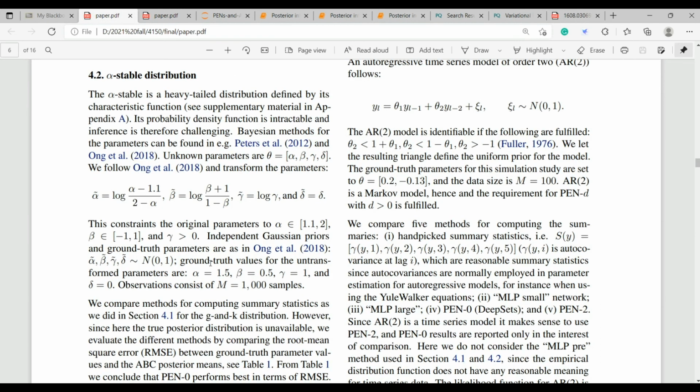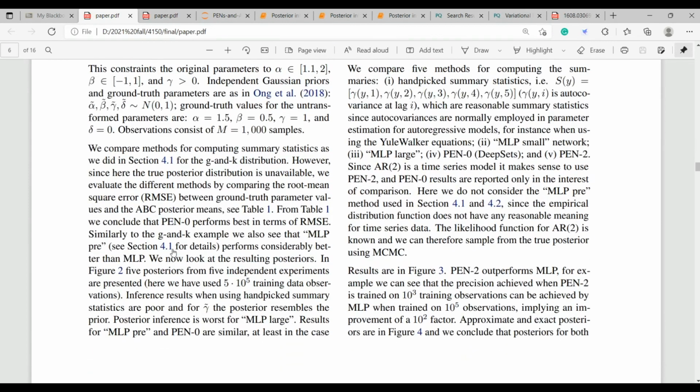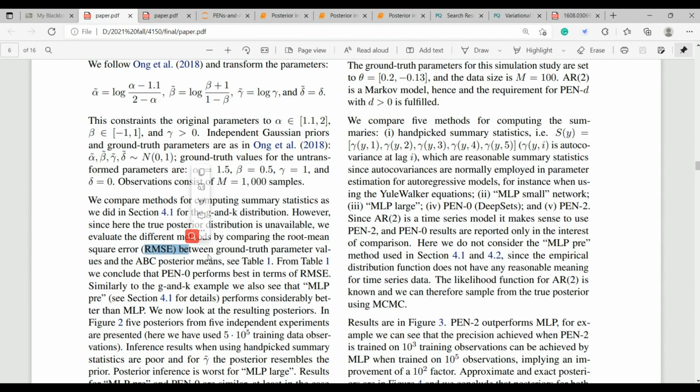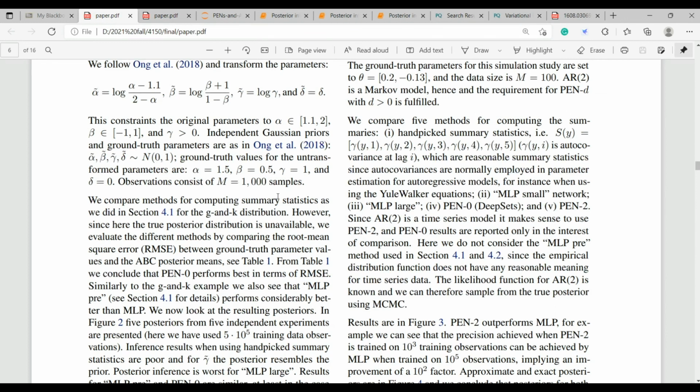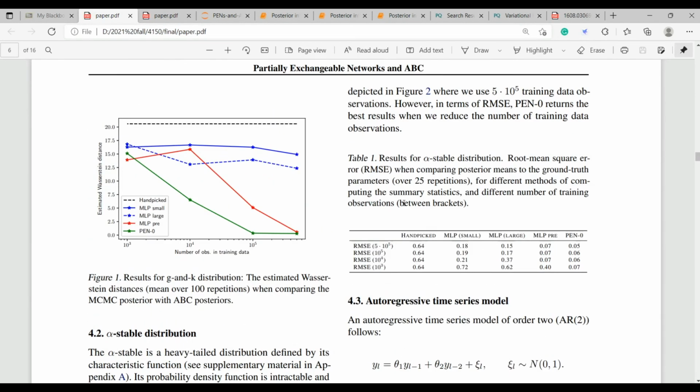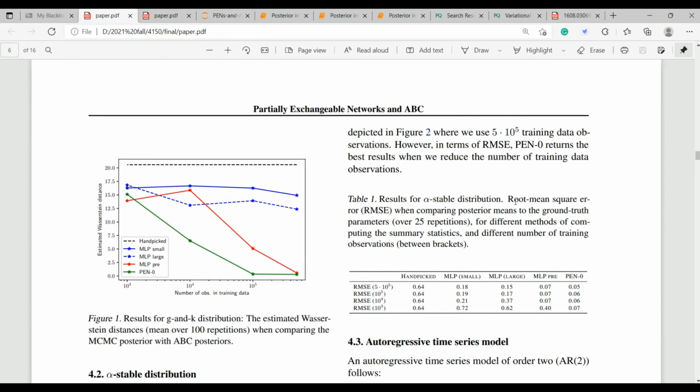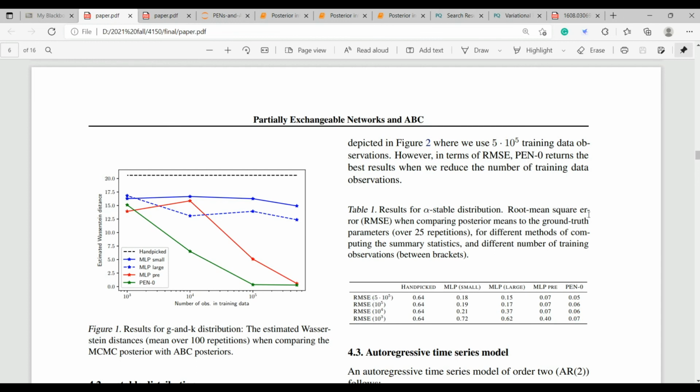From the paper, we know that we need to calculate this RMSE value, so let's look at how it works. According to some independent Gaussian priors and some defined constant values, we evaluate the different methods by comparing the root mean square errors between ground truth parameter values and the ABC posterior means.